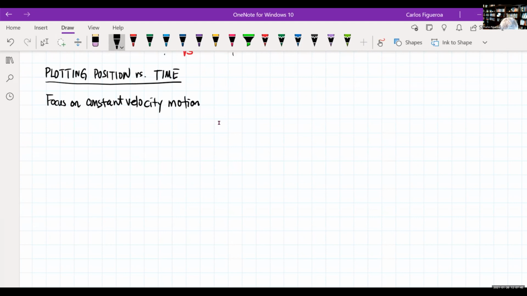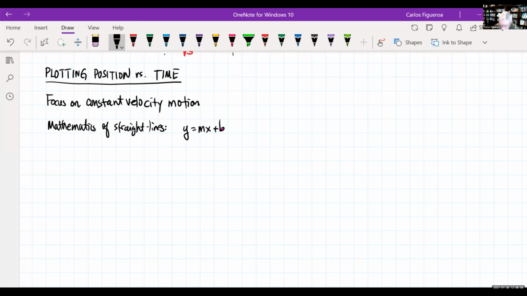So we all know the mathematics of straight lines, right? The mathematics of straight lines is this. We know that if I have an equation of a line, it looks like this.